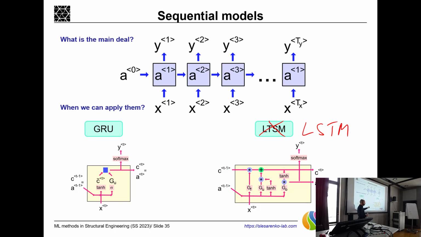Do you remember the idea of these things? Of course, I will not ask you to write the equations, what these gates inside are, but what is the idea, and what is the disadvantage of this particular approach here on the top? What's the problem with this approach? Exactly. You have almost no direct connection.